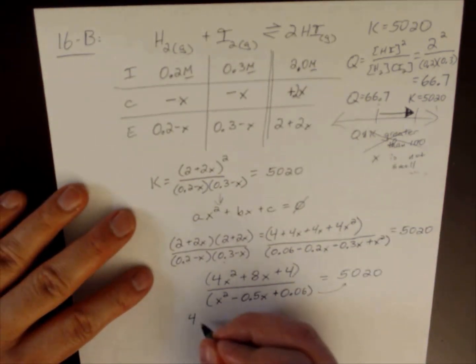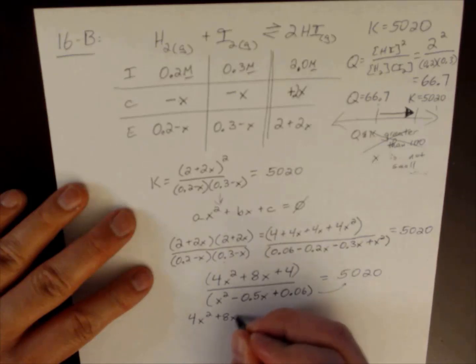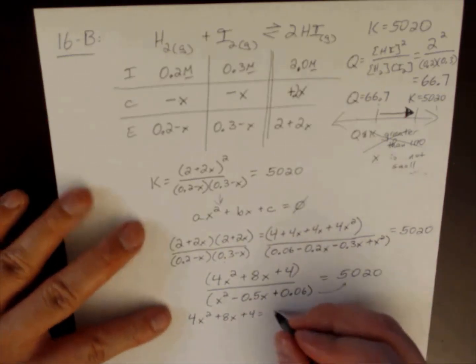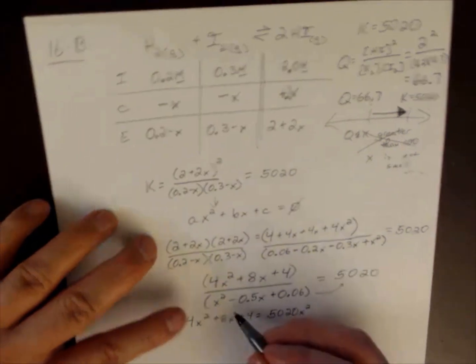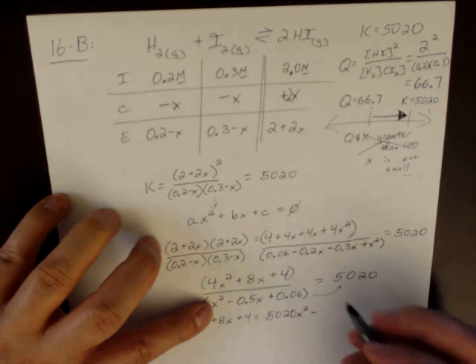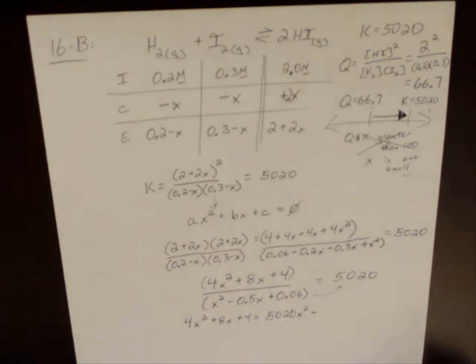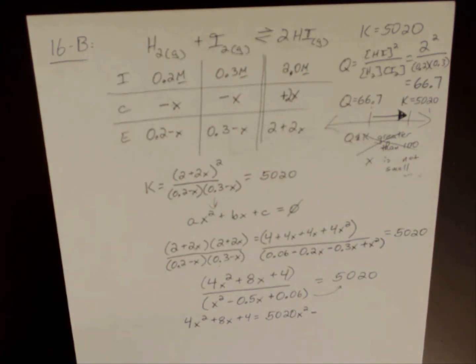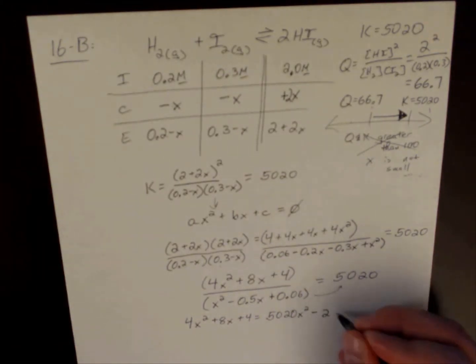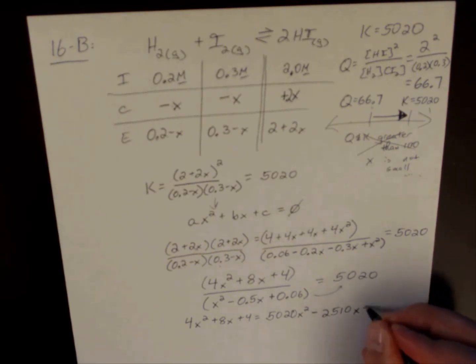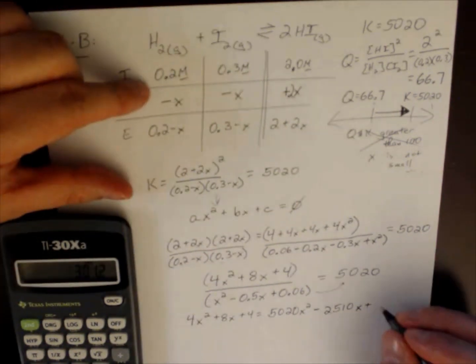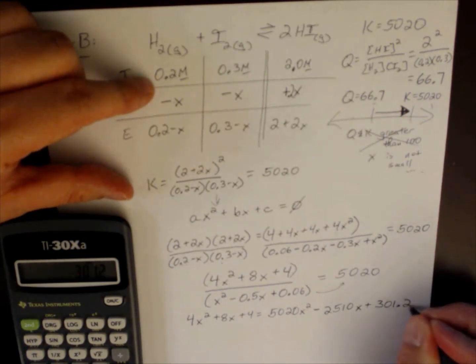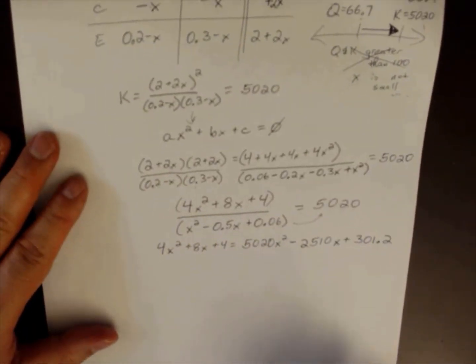So I have 4x squared plus 8x plus 4 equals 5,020 x squared minus 5,020 times 0.5, which is 2510x, and then 0.06 times 5,020. That gets me 301.2.